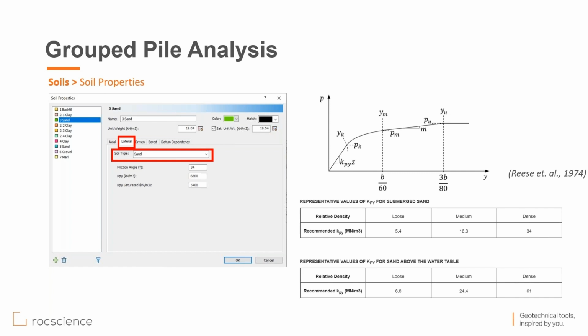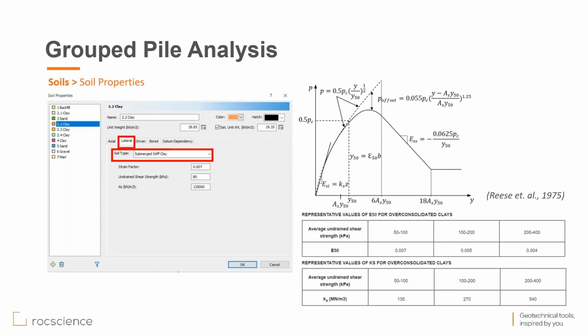So once you enter the water table into your RSPile model and enter the coefficients, depending on whether the layer is located above or below the water table, the software selects the appropriate coefficient and continues the calculations for simulating your behavior in sand.